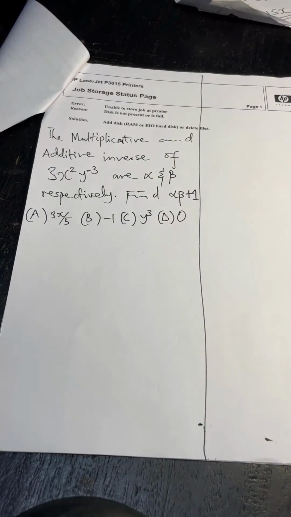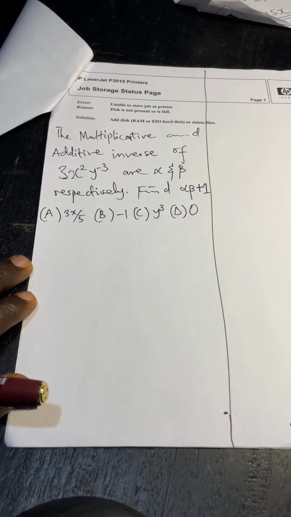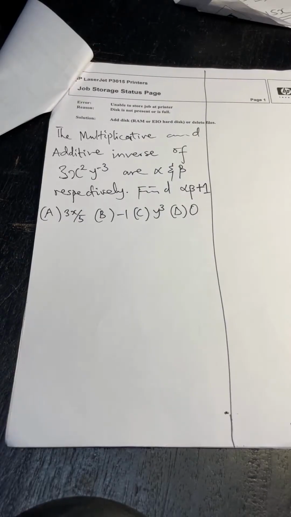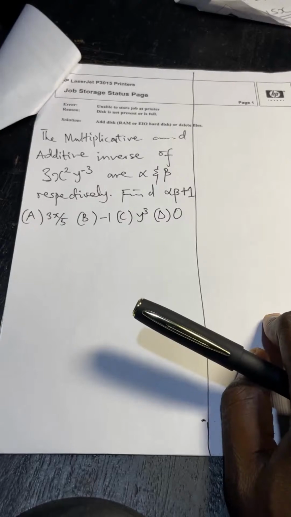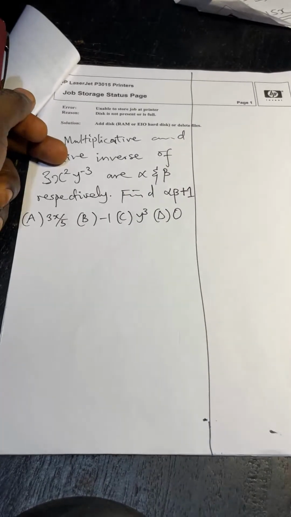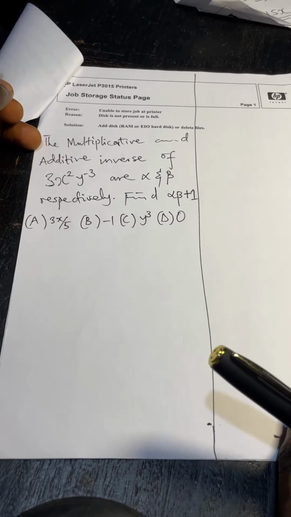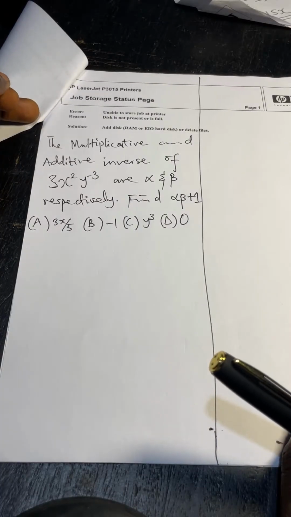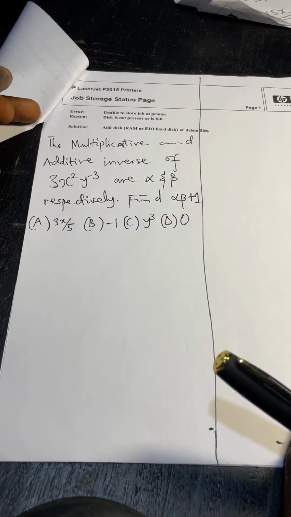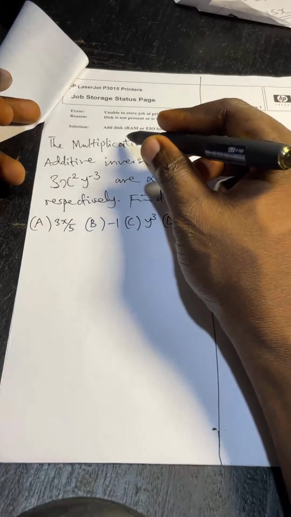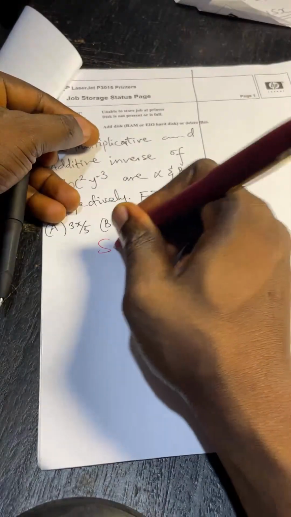What do you think the answer to this question is? Do you have any possible solution? What do you mean by multiplicative inverse? Okay, solution.